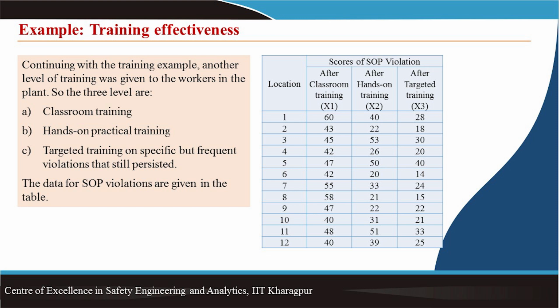They were given first classroom training, then hands-on training and targeted training, and we are observing the influence of the different trainings. Under such a situation you can use the repeated measures ANOVA concept, which we have discussed earlier, and you can see the results.